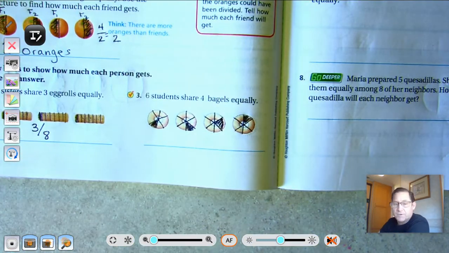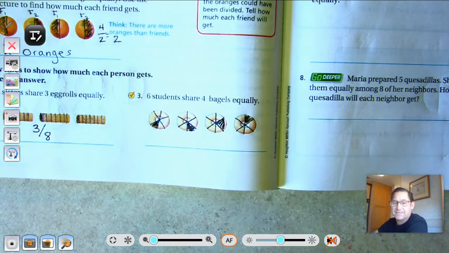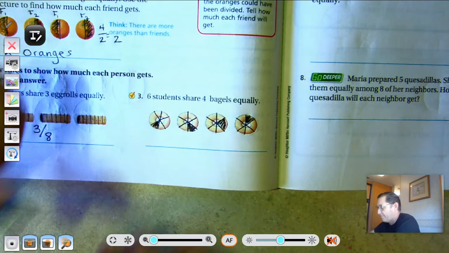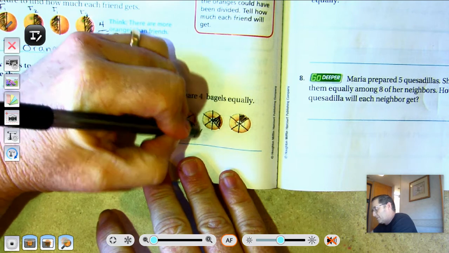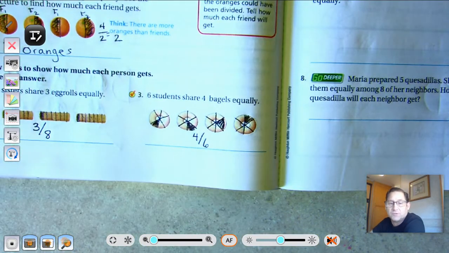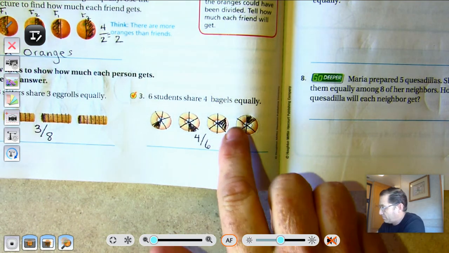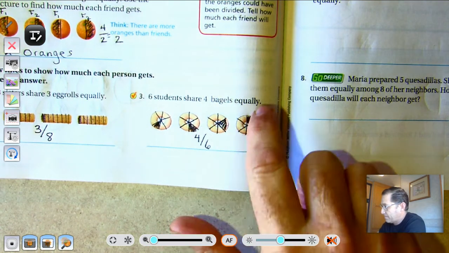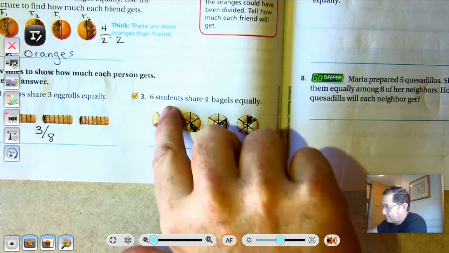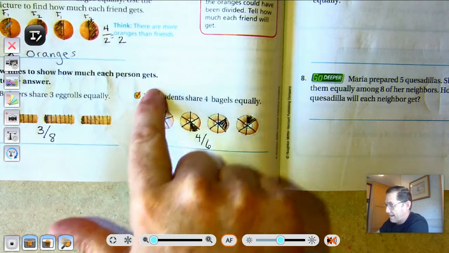Well, if we put it all together, how many slices of bagels did he get? We got 4/6 of a bagel. If we took all these pieces and put them together, you would see that it would be 4 out of 6.